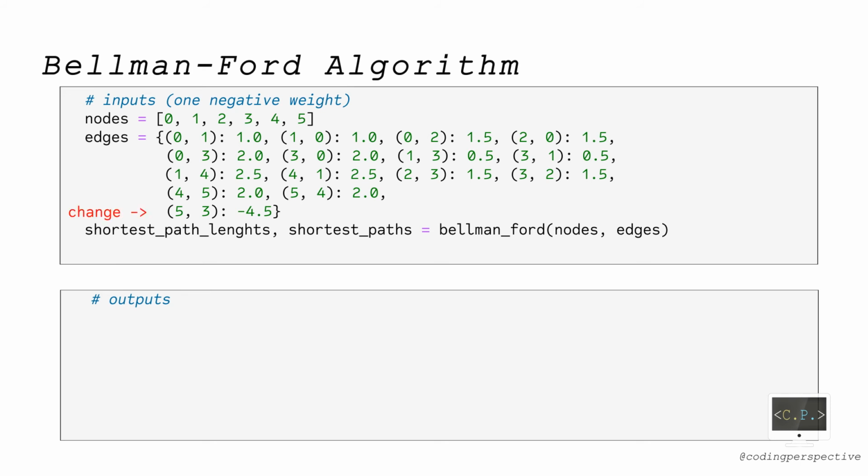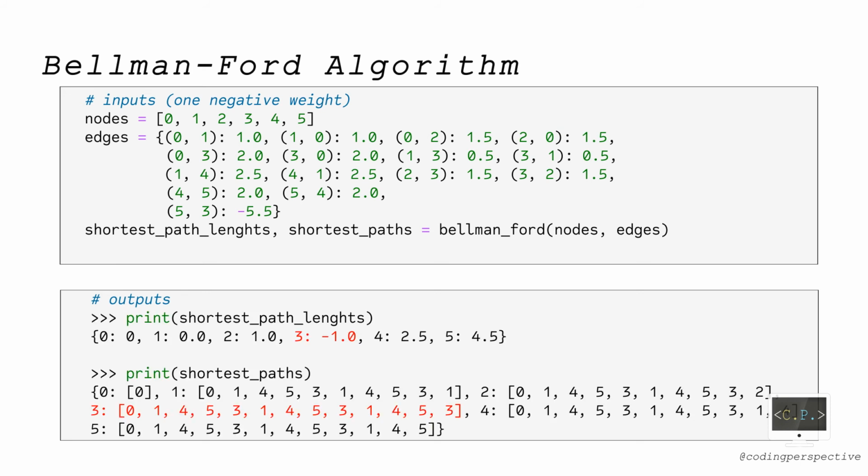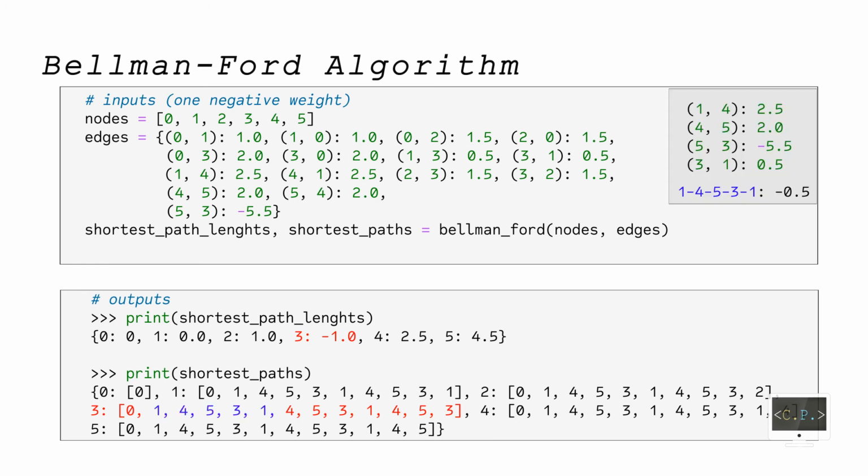Before being so sure, let's do one more experiment by making the weight of the edge from node 5 to node 3 minus 5.5. Now, the shortest path to node 3 shouldn't change, but its length must be 0. Here are the outputs. Notice that the shortest path length is not 0. It is minus 1 instead. If you look at the paths, there is a cycle, namely 1, 4, 5, 3, and 1.